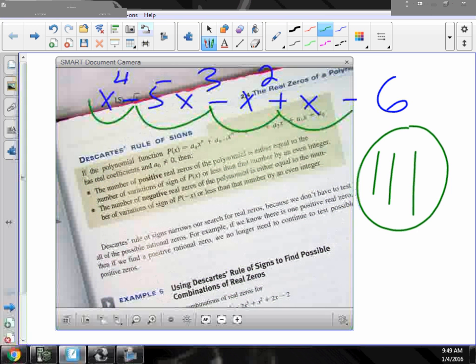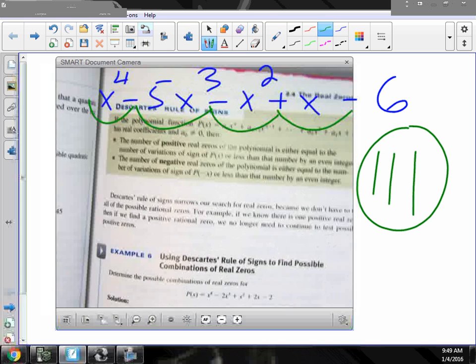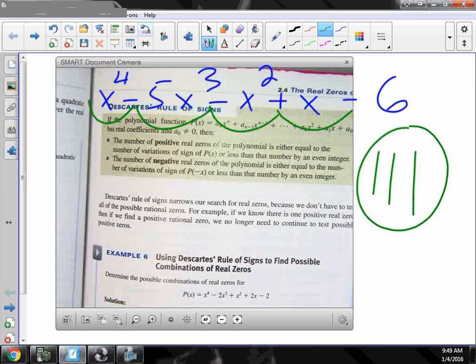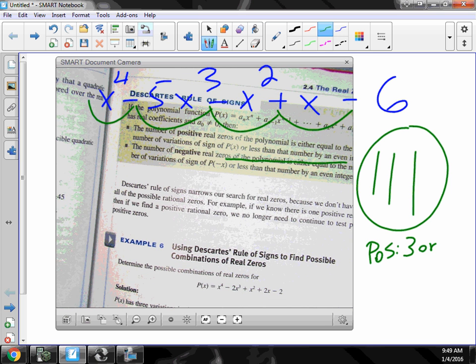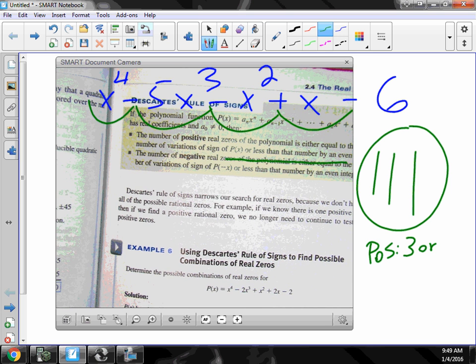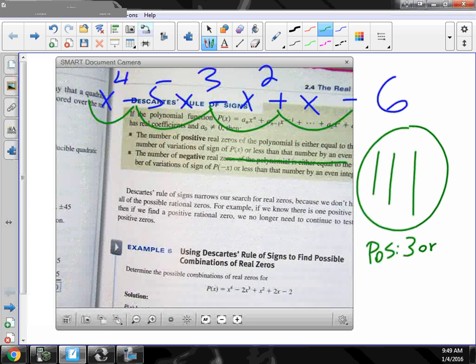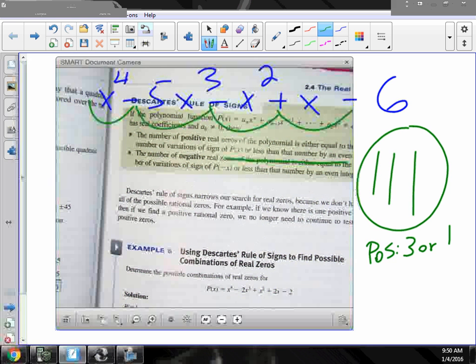And then there's an addendum to this, or less than that by an even integer. So as far as positives are concerned, there are 3, or less than that by an even integer, 1. You have to go down by 2s. Okay?